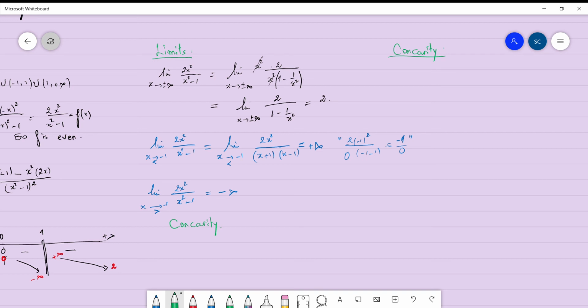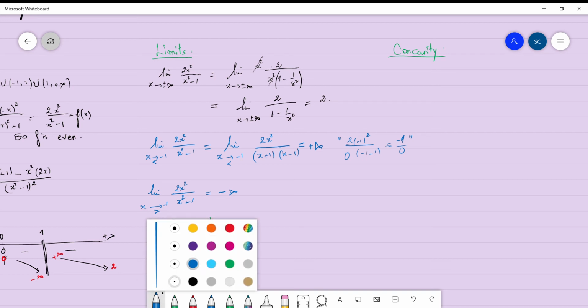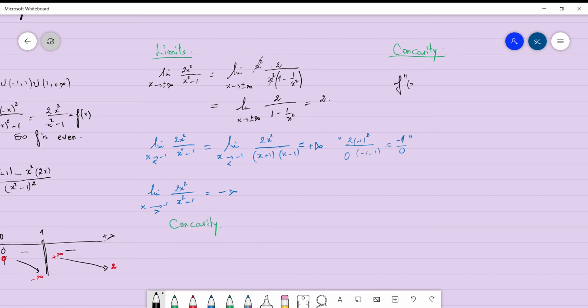So we need to compute then the second derivative, f''(x). To save time, I give you the formula. We can find it as (x² minus 1) times (3x² plus 1) over (x² minus 1) to the power 4.